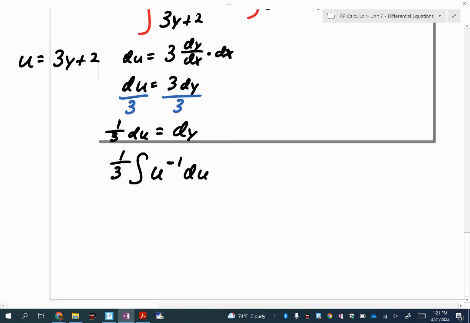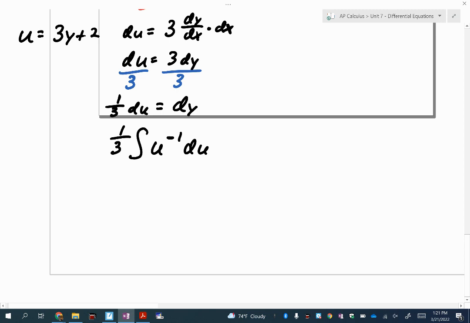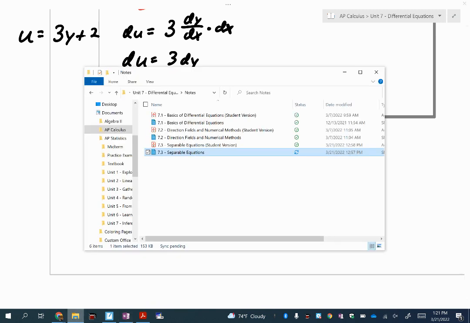You can look up in your integration formula sheet, but let me pull it up since I'm talking about it.